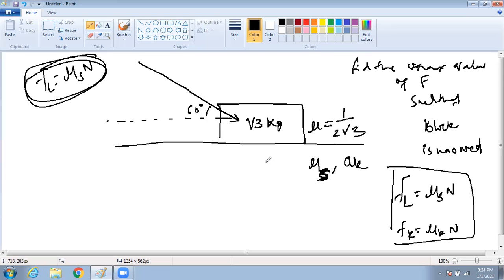Now we want to find out what is the maximum value of F so that a body does not move. Obviously, body does not move means we are talking about static.